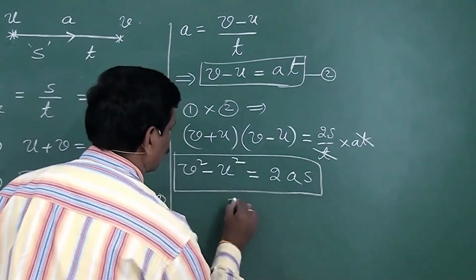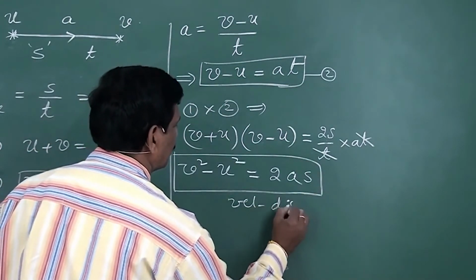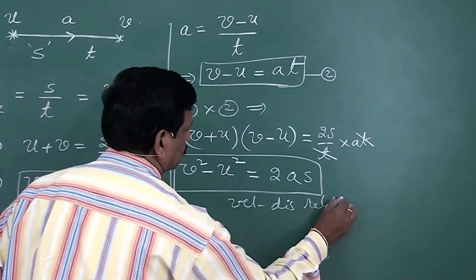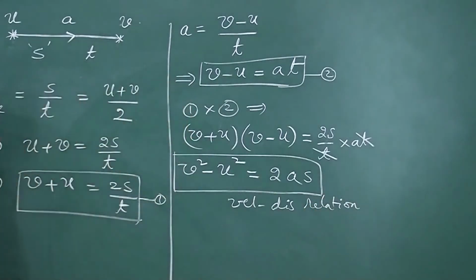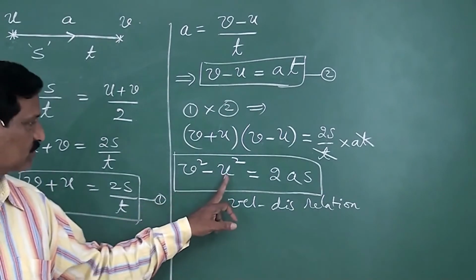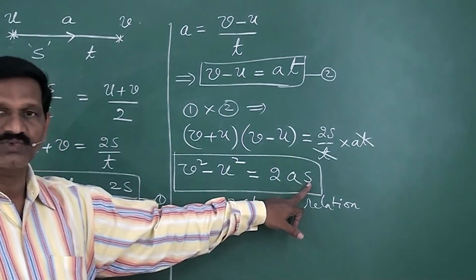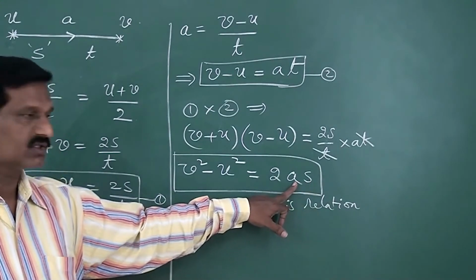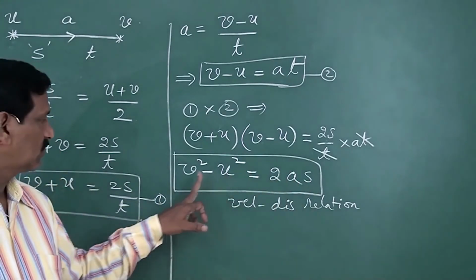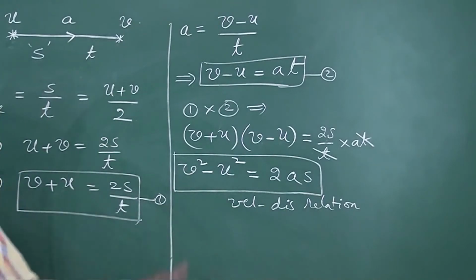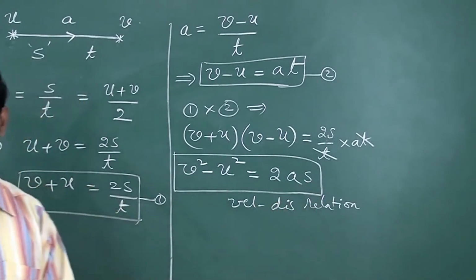This is the velocity displacement relation. Here s is the total displacement, with uniform acceleration, initial velocity and final velocity.